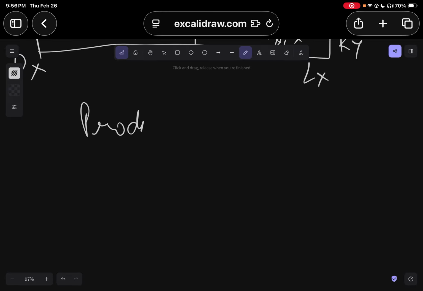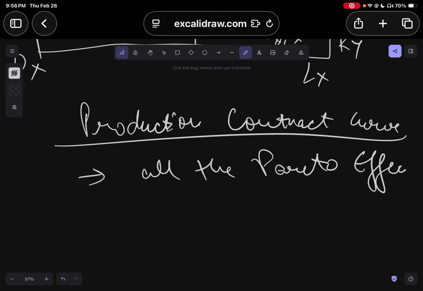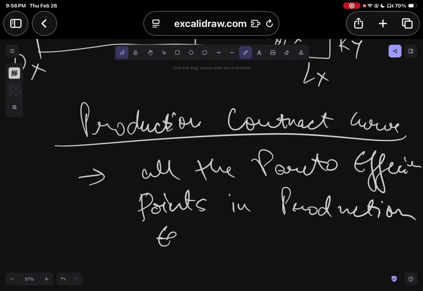So the production contract curve is nothing but all the Pareto efficient points in the production Edgeworth box.